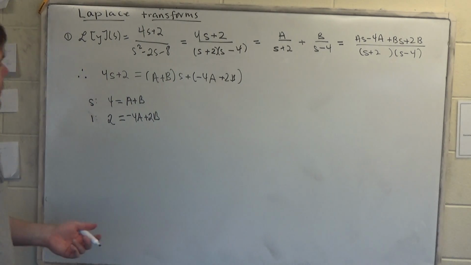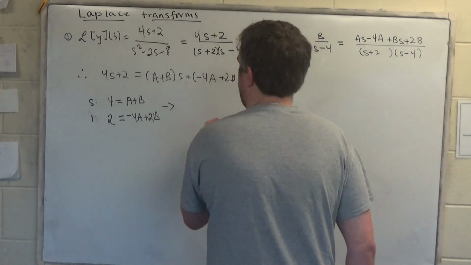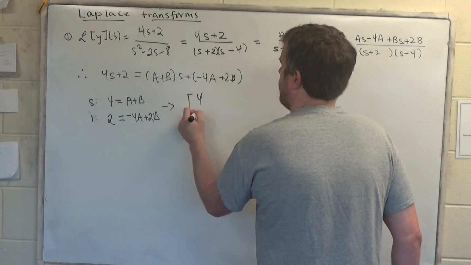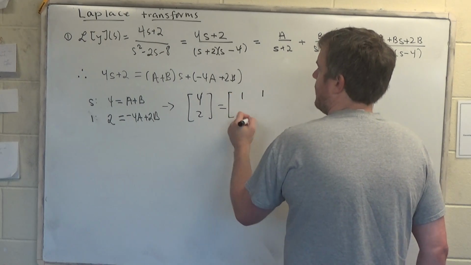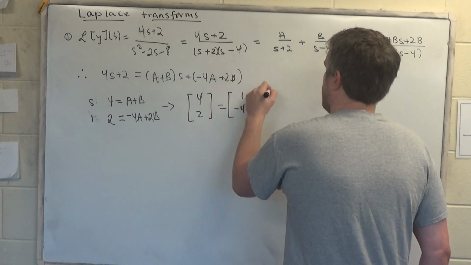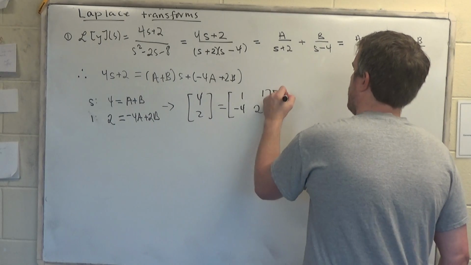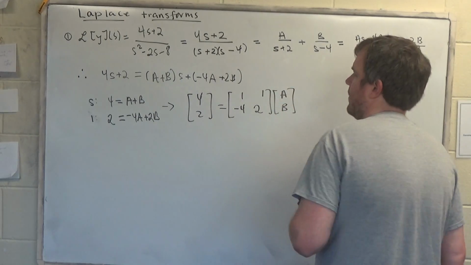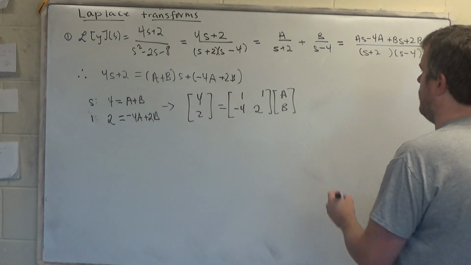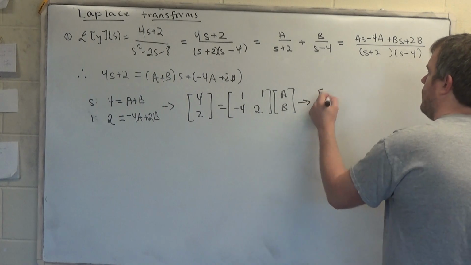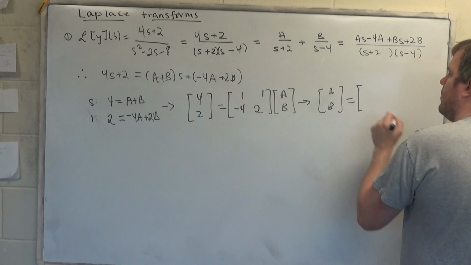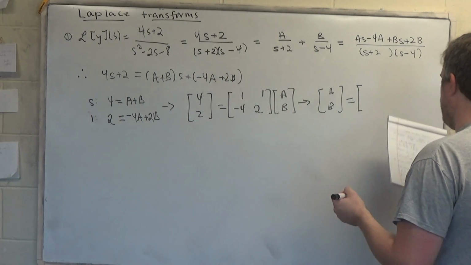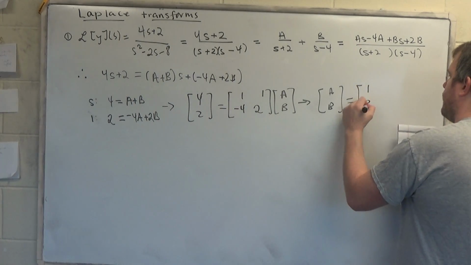So as we covered in class, you can translate this into a matrix in order to use your calculator to help you. The corresponding matrix equation is this, which yields a = 1 and b = 3.